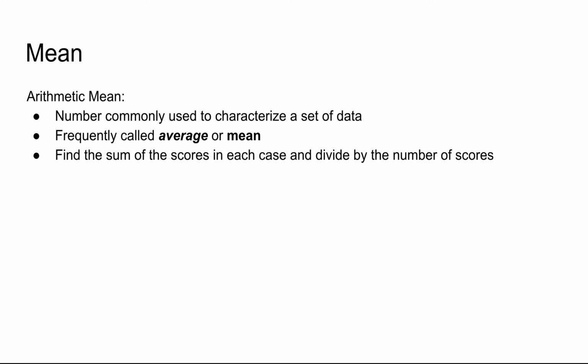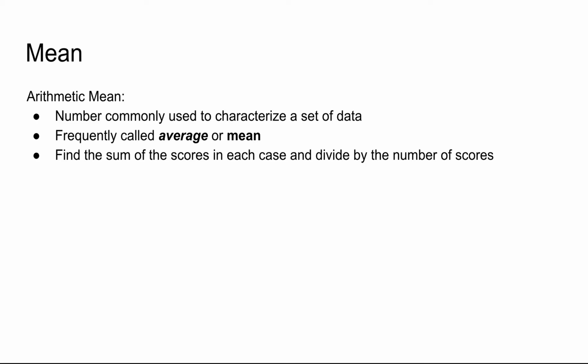Okay, anyways, the mean. We know how to find the mean, right? We're gonna add all of the values together and divide it by the number of the data. That is the mean, right? So arithmetic mean is a number commonly used to characterize a set of data. For example, we can find our average score in our test.